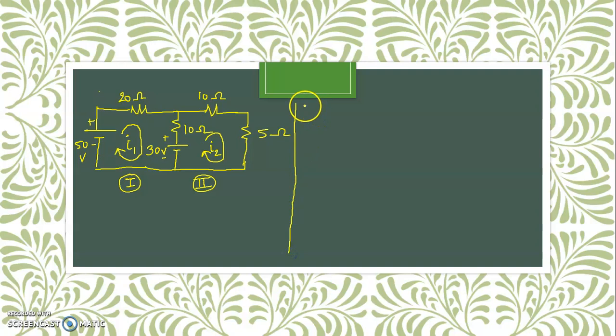Let us start with loop number 1. In loop 1, the elements present are 20, 10, a voltage source, another voltage source, with positive negative marks.